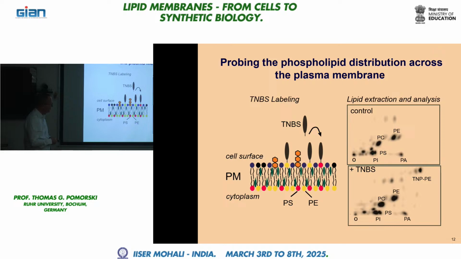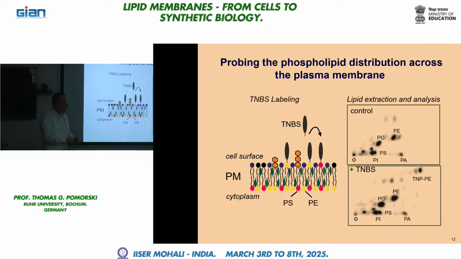And now you do the same analysis with membranes or cells that you have treated here with TNBS. When the organelles are intact, the cell is intact, TNBS can only react on the outside, but not enter the inside. And you see then you get a new lipid coming up, which is a modified lipid due to this reaction with the TNBS.